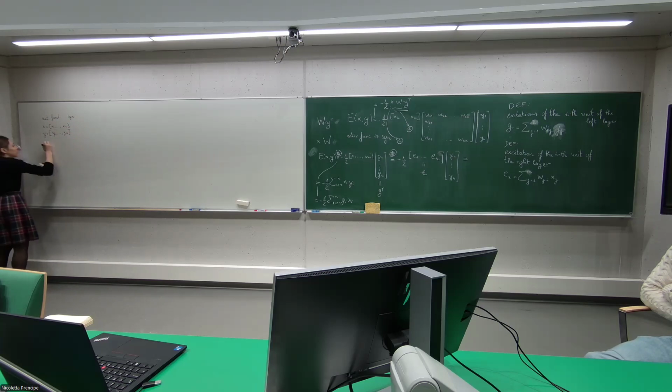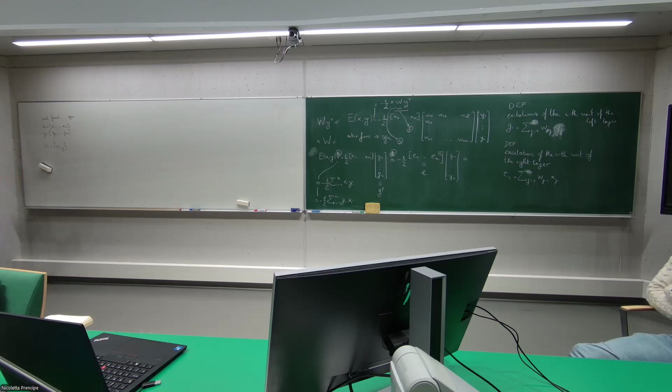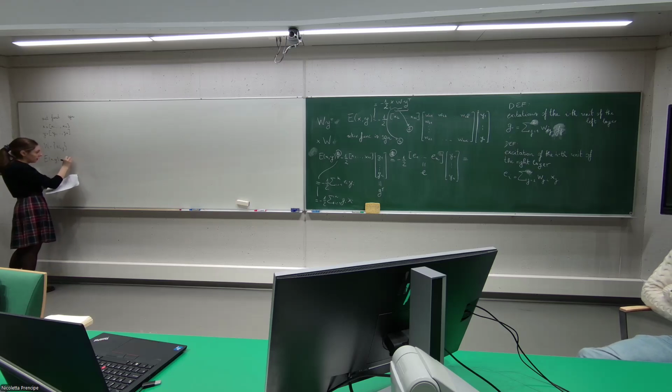And this is the weight matrix. So the energy function is minus a half x W y transpose.